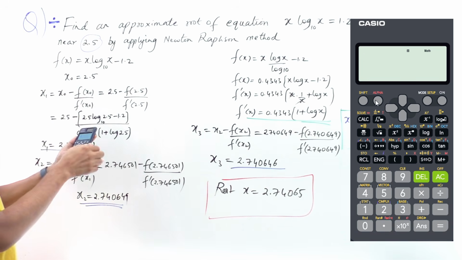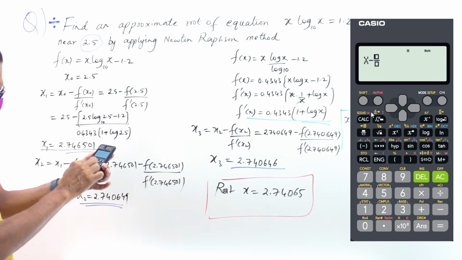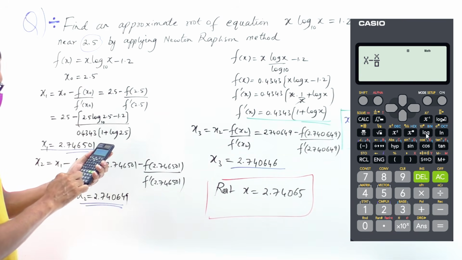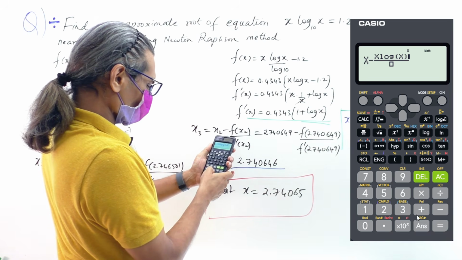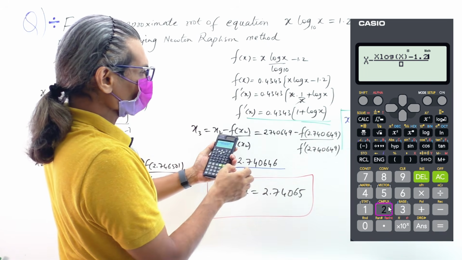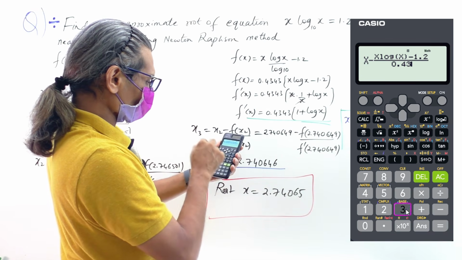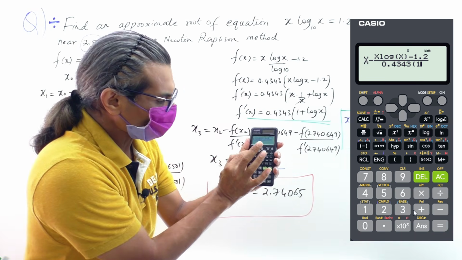Again, alpha x into log directly here on the keyboard. Log means log to the base 10, alpha x minus 1.2 over 0.4343 bracket 1 plus ln of alpha x, bracket close, bracket close. Here we simply press calculate only one time.